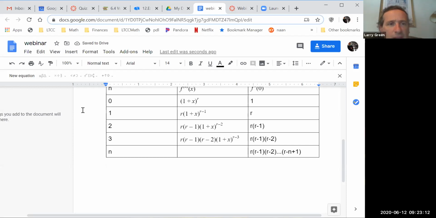Okay, and what we get, this is the theorem. And this is the binomial. And it says the following.